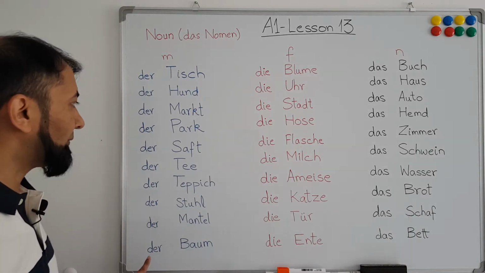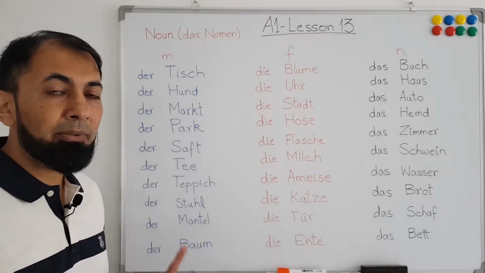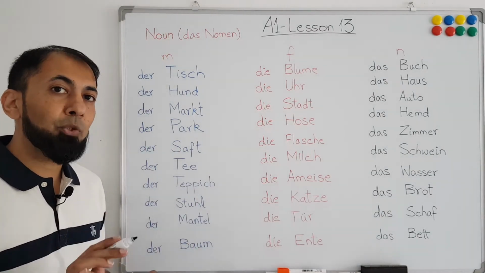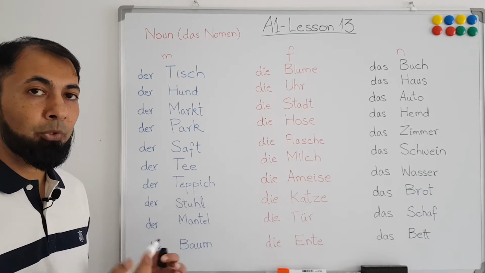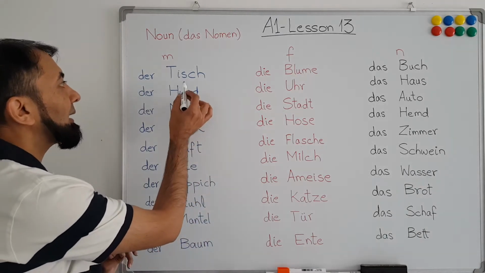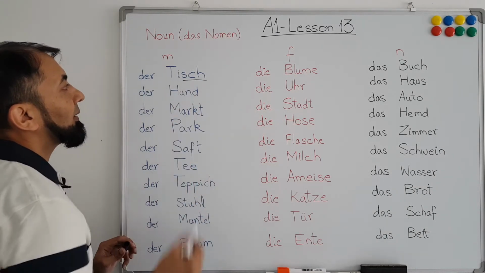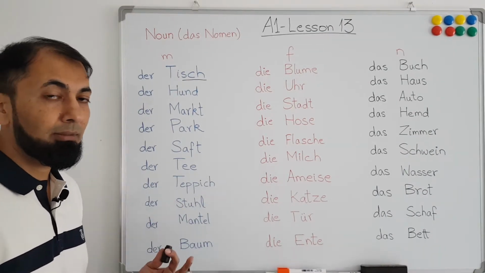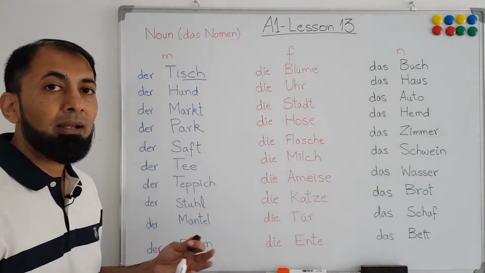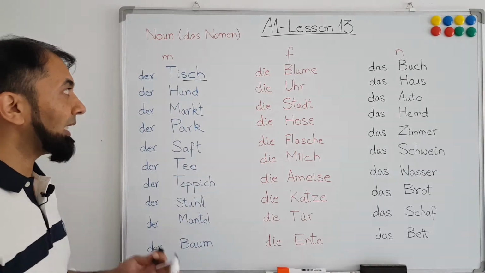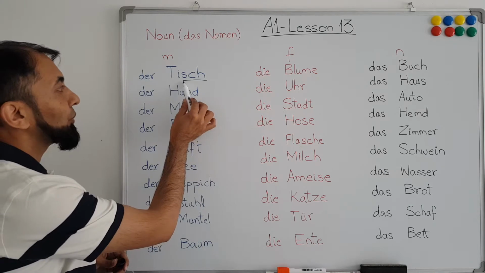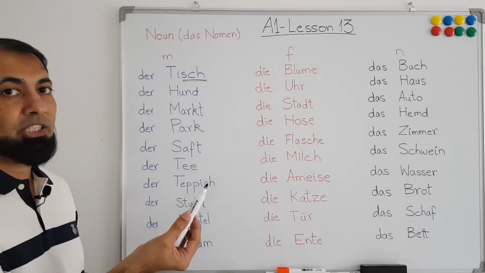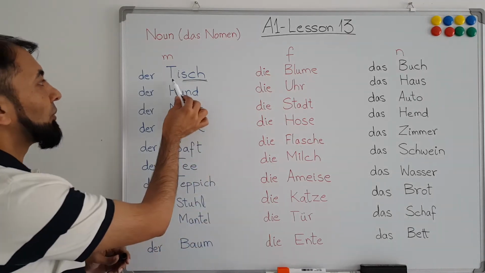So tree in German language is masculine, and if you remember from our previous lessons, we learned that if certain alphabets come together, then they produce a particular sound. And if we look at these nouns, we can see the practical application of these combinations that we learned previously, that they are being used in nouns. Tisch, SCH, we learned that it will produce a sound like sh. So Tisch.